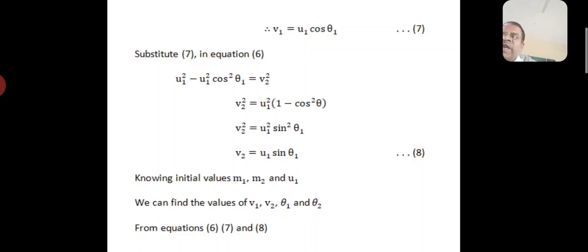Take it as equation 8. Knowing initial values of m1, m2 and u1, we can find the final values v1, v2, theta 1 and theta 2 from equations 6, 7 and 8.